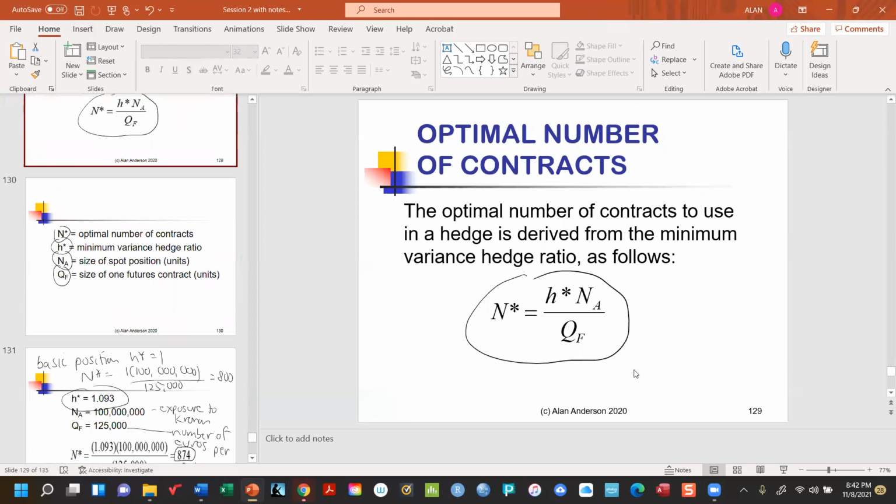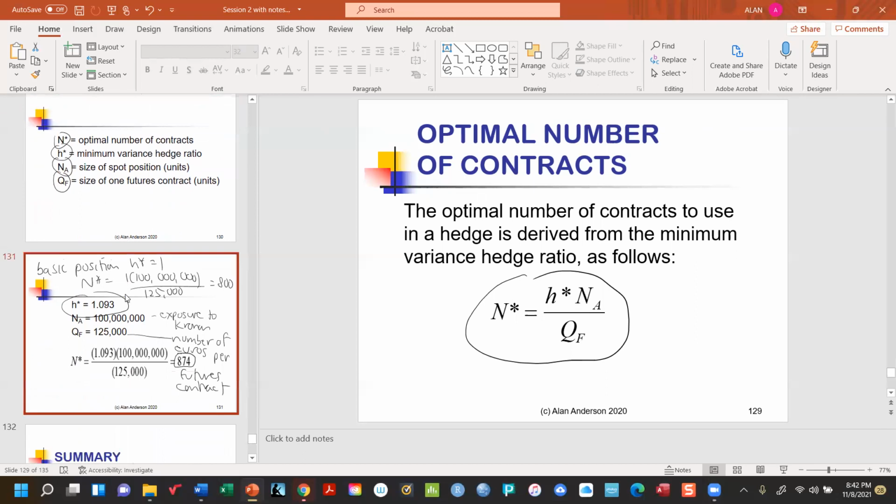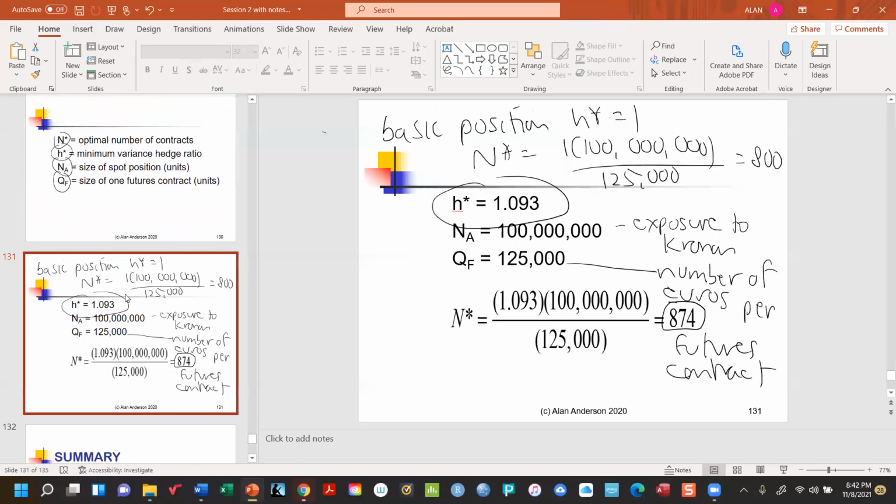In other words, what are we hedging? And in the bottom, we're looking at the number of units in one contract. And so it ends up being the same thing. So in other words, instead of 800, which is what we would have had here, we end up with 874.